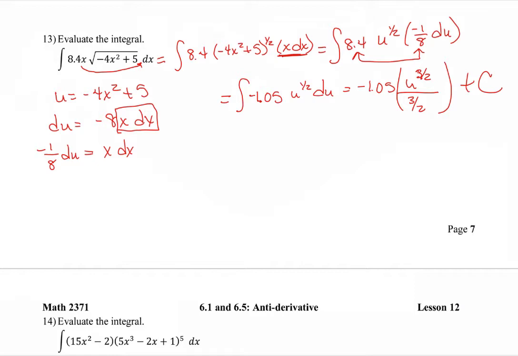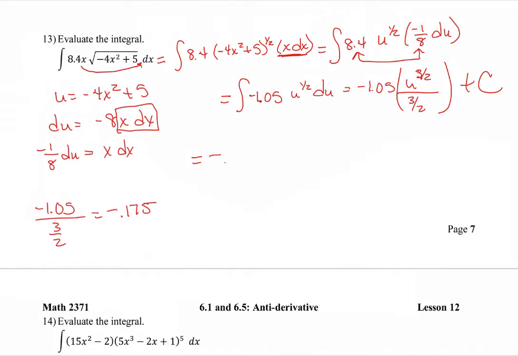Now I'm going to go back to my original variable. Okay, and over here I'm going to figure out I have negative 1.05 divided by 3/2, and I put that in my calculator, and I came up with negative 0.175.